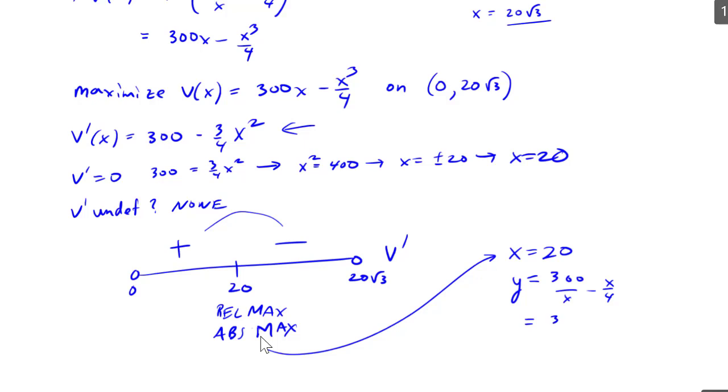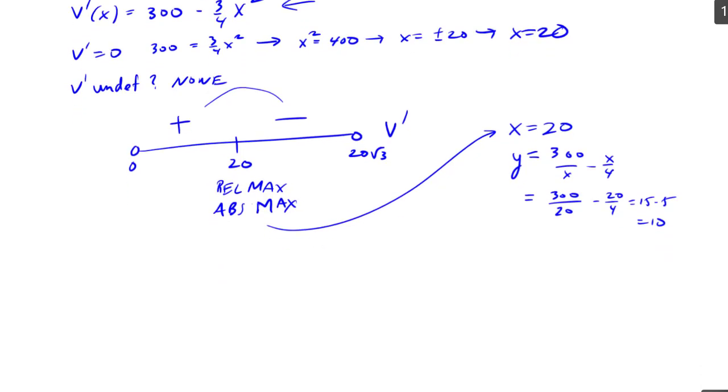So that's 300 over 20 minus 20 over 4. That's 15 minus 5, so that's 10. So x is 20, y is 10.